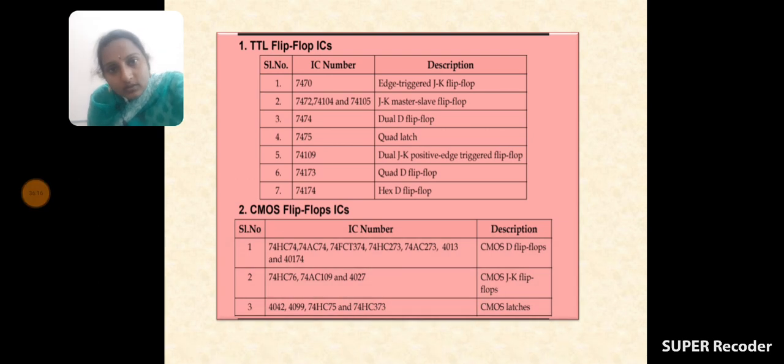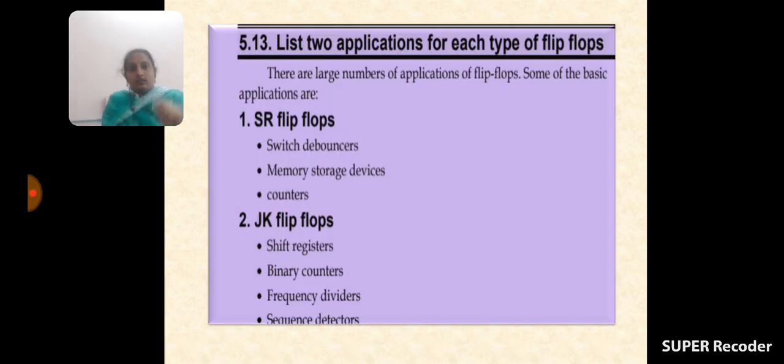See here, these are the applications of flip-flops. First, the SR flip-flop is used in switch debouncing. Debouncing means the position changes from 1 to 0 and 0 to 1. To protect the switch from bouncing, it has to be held in one particular condition, so we use the SR flip-flop.